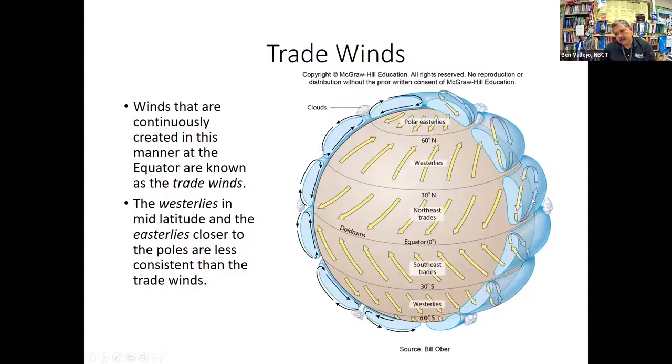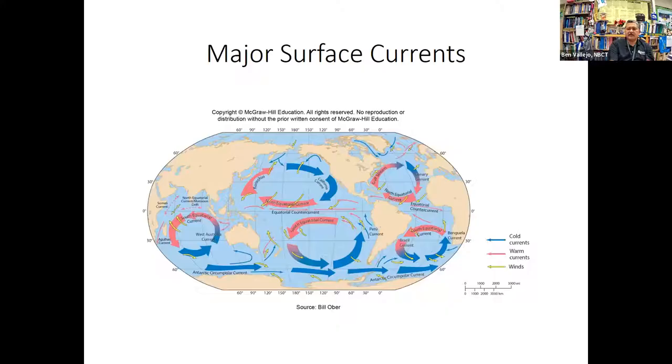Because it's heated, it goes up and it moves over there, and that's where you get that circulation pattern right there. Now it's not as simple as this because the land gets in the way, but if you see right here, here are the continents.